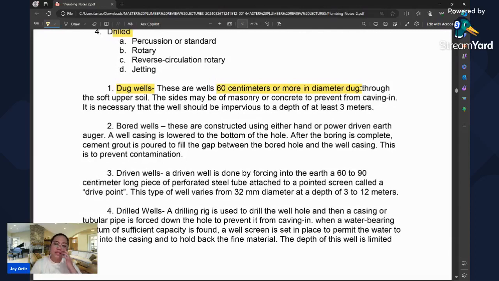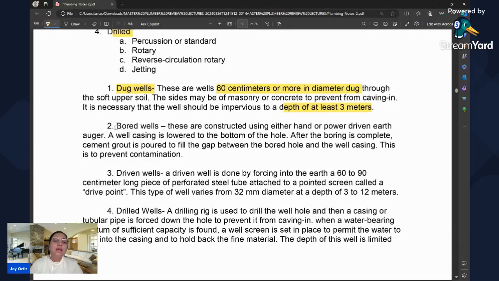So, the sides may be masonry or concrete to prevent from caving in. Ibig sabihin yung parang matabunan ulit yung kinalot or yung hinukay, di ba? It is necessary that the well should be impervious to a depth of at least 3 meters. So that's the depth, at least 3 meters.